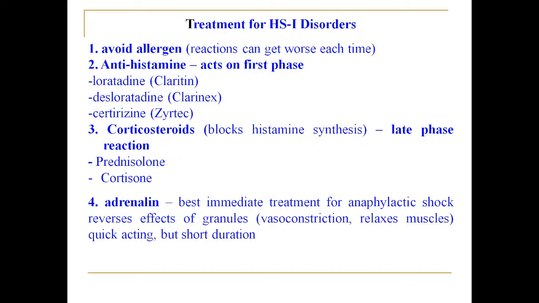Antihistamine drugs block histamine synthesis, block basophils and mast cells. These drugs include loratadine, for example Claritin, desloratadine, for example Clarinex, and cetirizine, for example Zyrtec. These are antihistamine drugs that are known to everyone who has allergy.